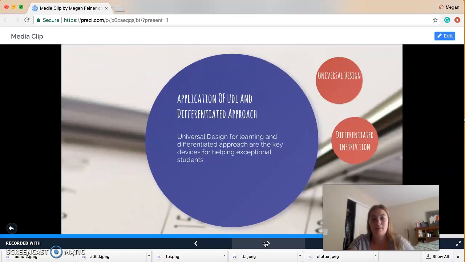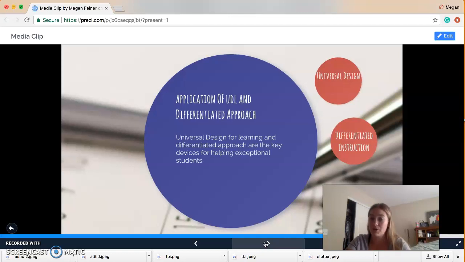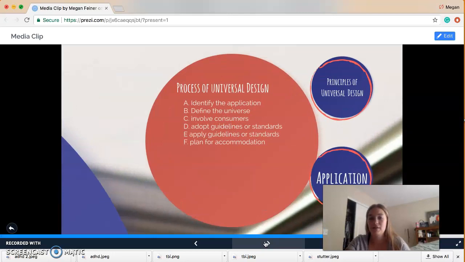So lastly, I'm going to talk about the application of universal design as well as differentiated approach, which I talked about earlier. For universal design, a few processes I wanted to go through: you need to identify what you as an educator want to achieve, as well as your student, involving them and their family in the IEP program, developing guidelines and standards and applying them, as well as making accommodations for students.